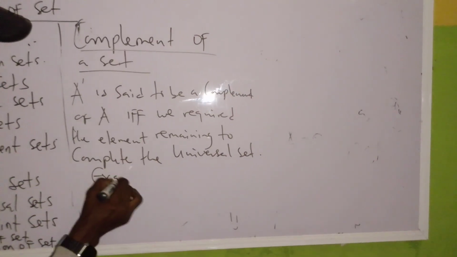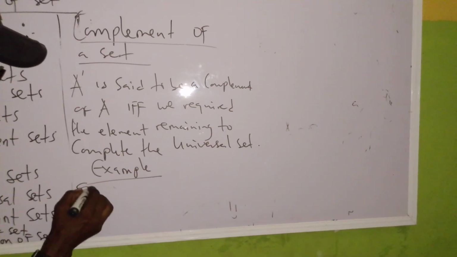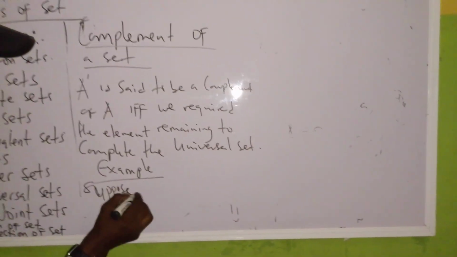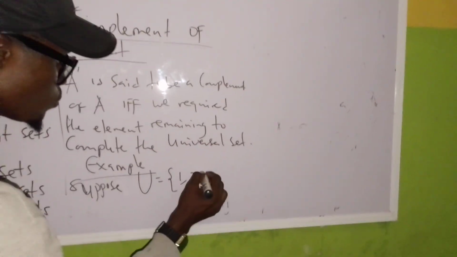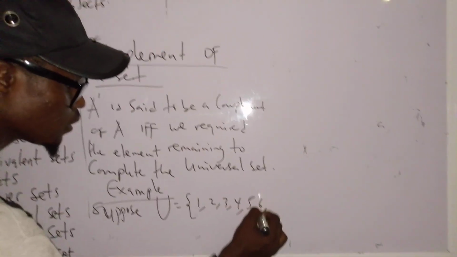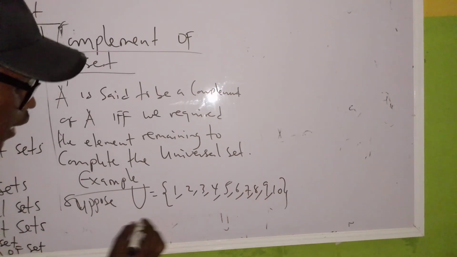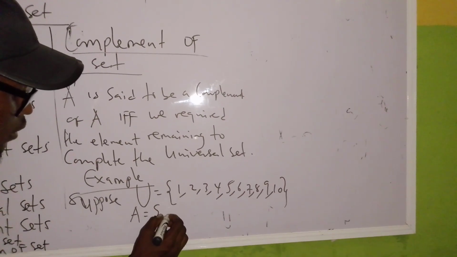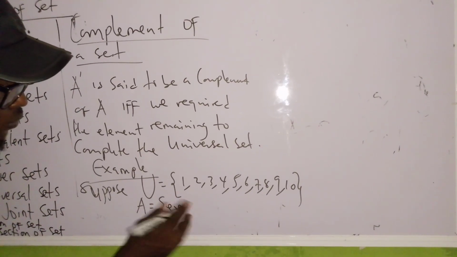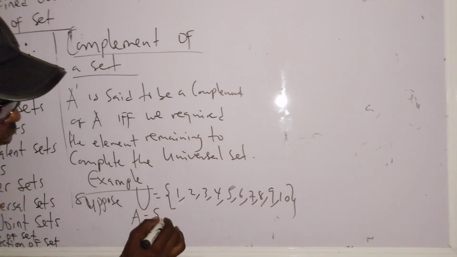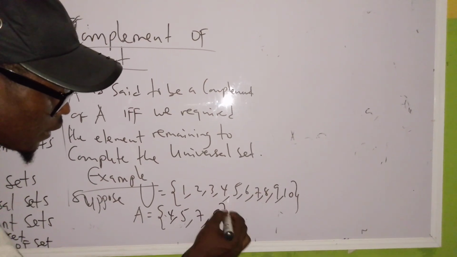So example: suppose that the universal set is 1, 2, 3, 4, 5, 6, 7, 8, 9, and 10, and our set A is 4, 5, 7, 9.